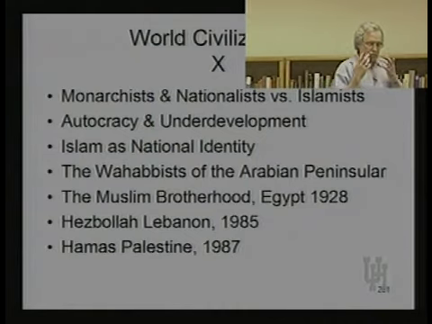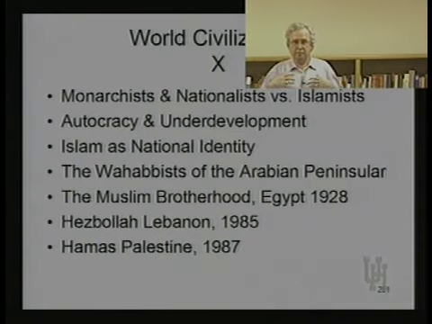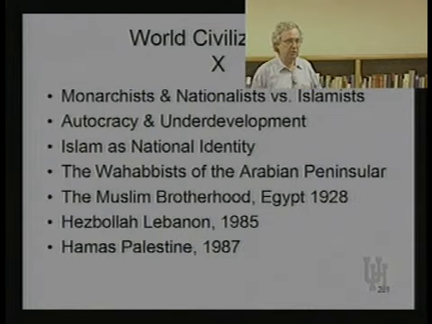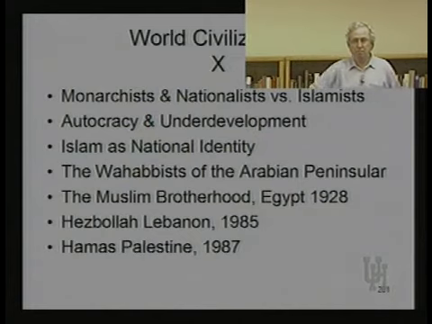These are the two main traditions of Middle Eastern politics as of the 1970s. Monarchical regimes, nationalist regimes.